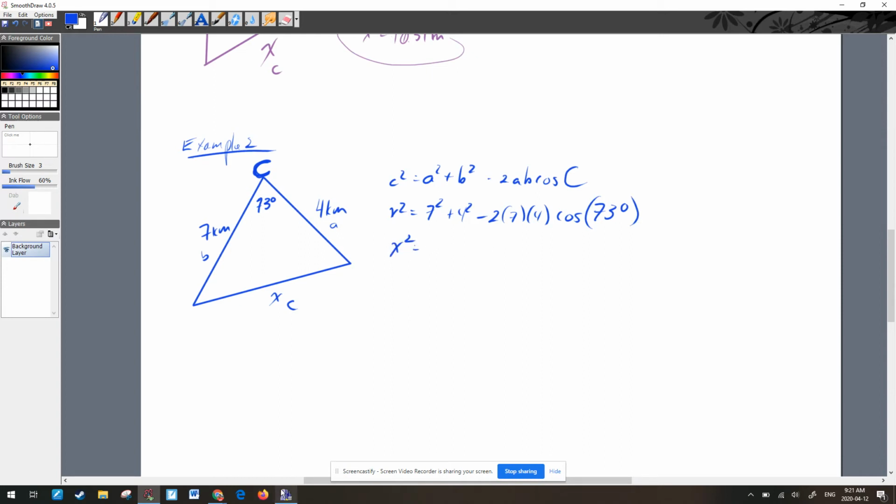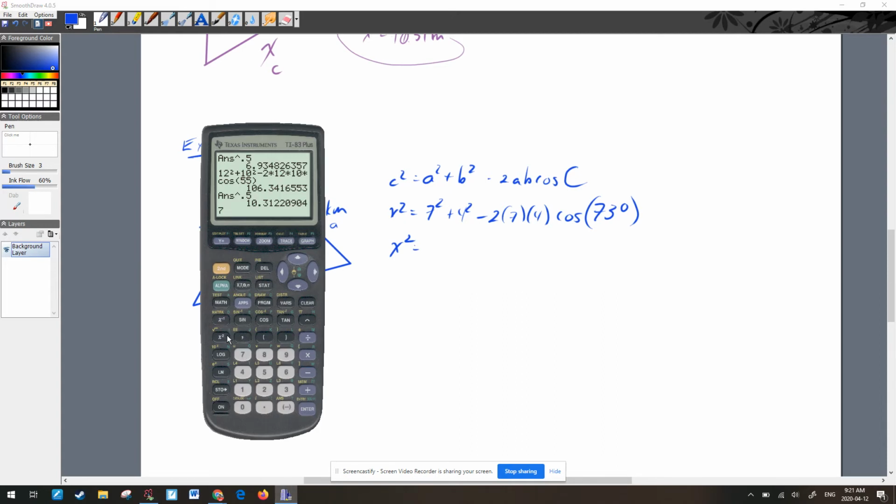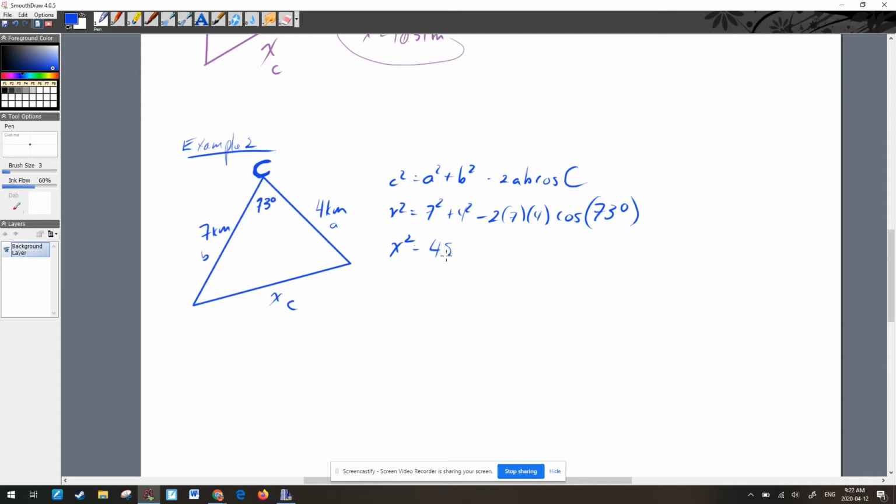So we're going to have 7 squared plus 4 squared minus 2 times 7 times 4 times the cosine of 73. And so that is 48.63. So we've got x squared is equal to 48.63, but I don't want x squared, I want x.